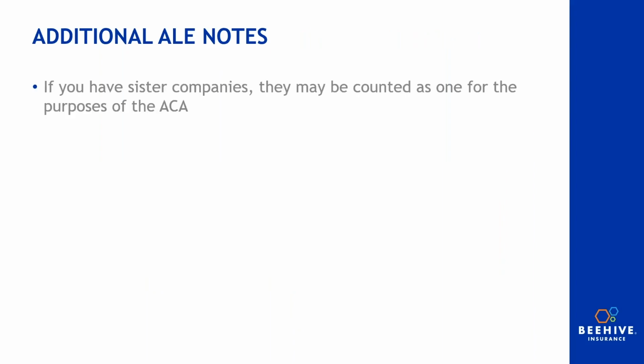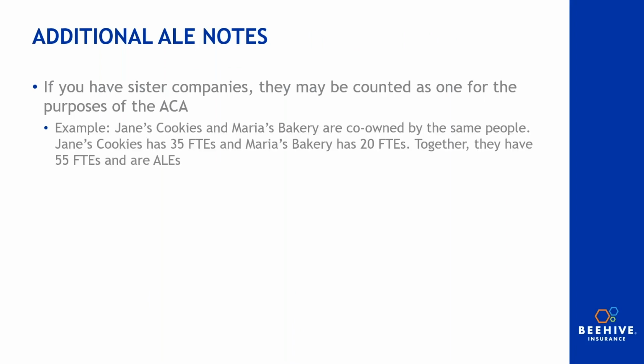So we have some additional ALE notes for employers that you should be aware of. One of them is if you have sister companies, they may be counted as one for the purposes of the ACA. This prevents some abuse from employers. So, for example, we have Jane's Cookies and Maria's Bakery.